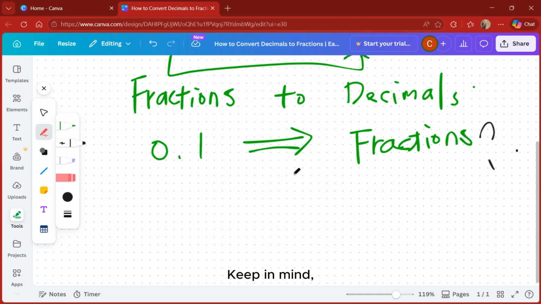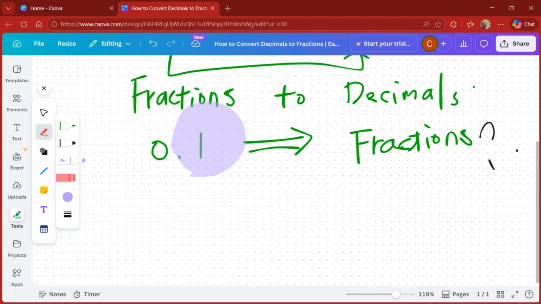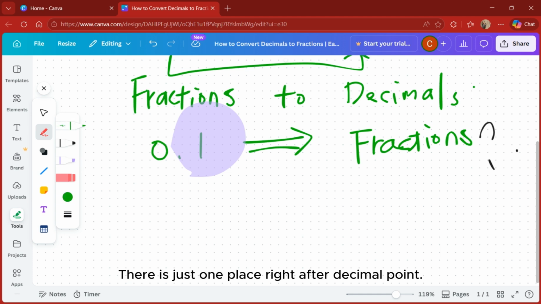Keep in mind, the key point is the number of places after the decimal point. So there is just one place, right? After the decimal point, just one place.